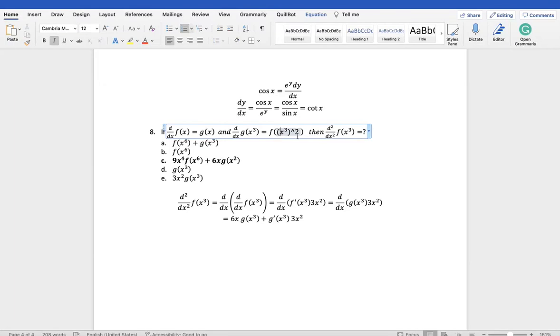Jonathan: I agree with the 6x g of x cubed here, but for the second term, g prime of x cubed times 3x squared, wouldn't you have 3x squared again?